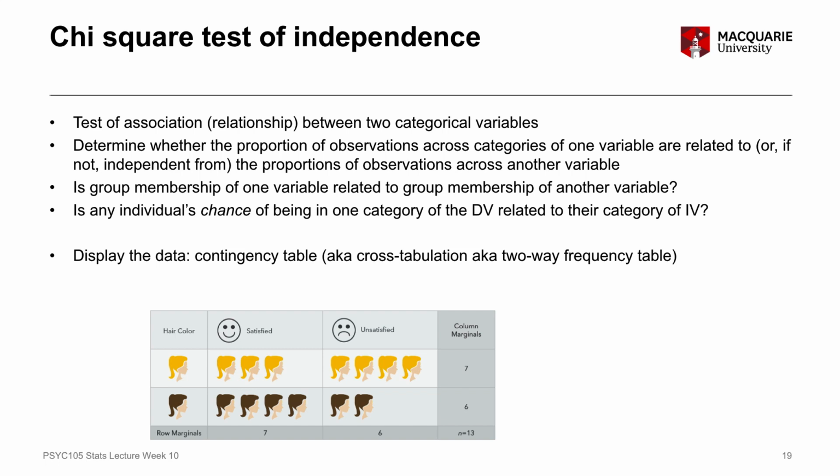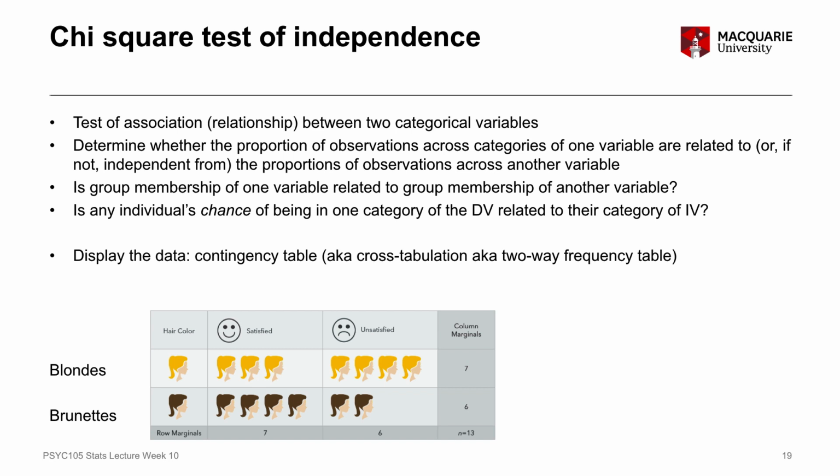So this is taken from your textbook. This is a pictorial representation of a contingency table here. And we've got two variables. We have hair color, blonde and brunette, as our row variable here. You can see that this is the variable that makes up the rows of the table. And we have satisfaction with hair color as the column variable, as our second variable. And that variable has two categories or two values, satisfied and unsatisfied.